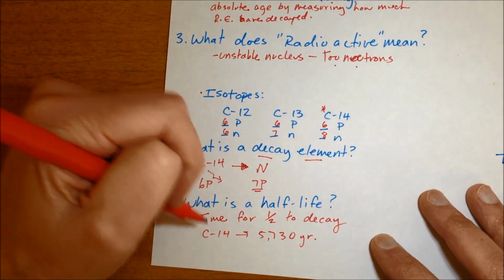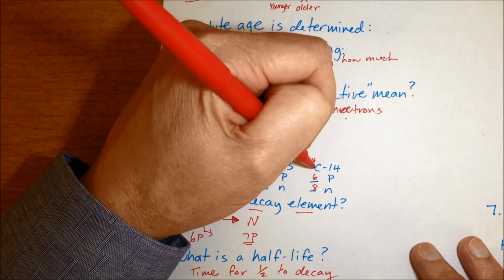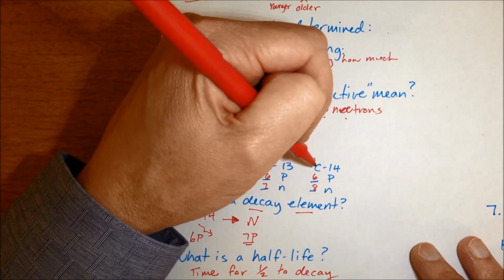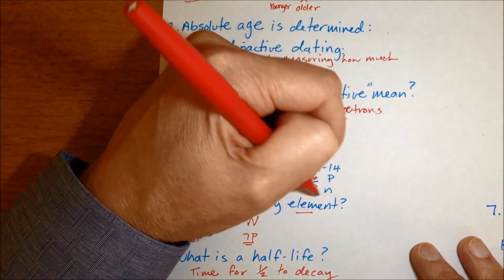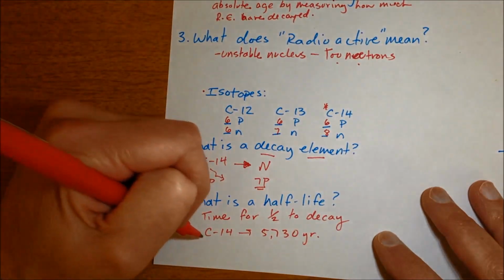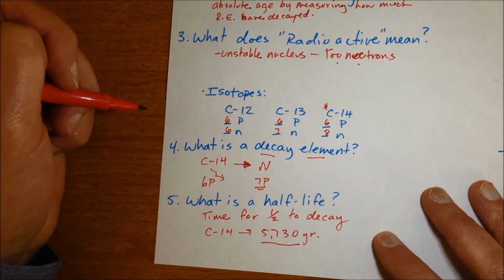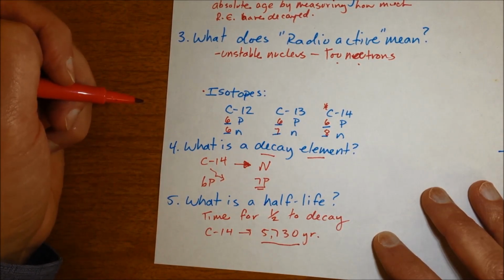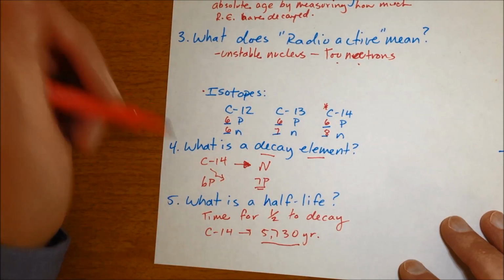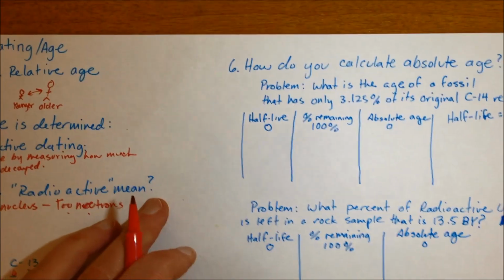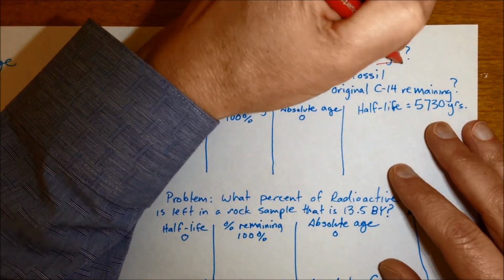They take the average because any particular atom, if you just had one carbon-14 atom, could decay this second, or in 10 million years. So it's unpredictable when this unstable atom will decay. So on average, half of it will decay in that many years. That's called half-life.